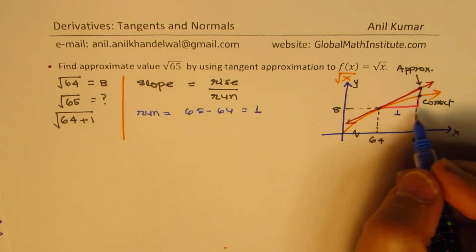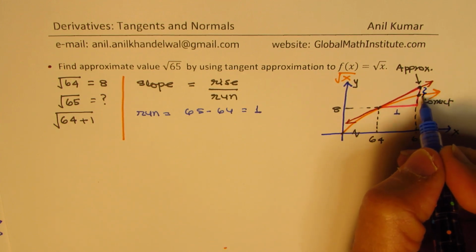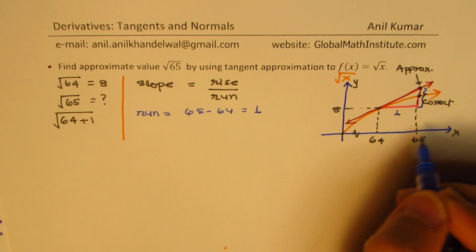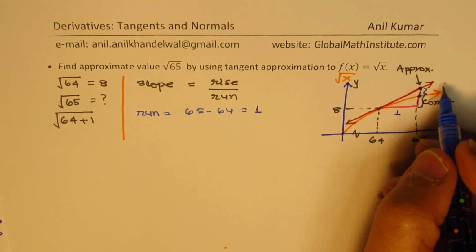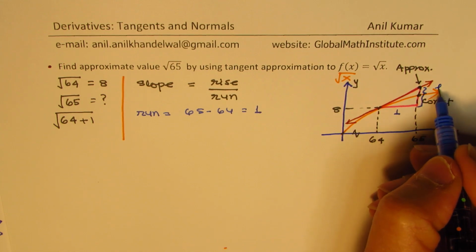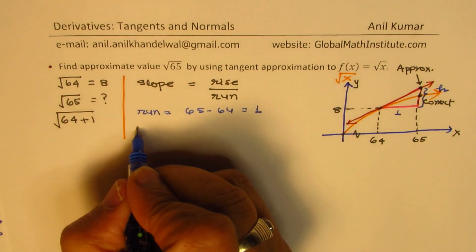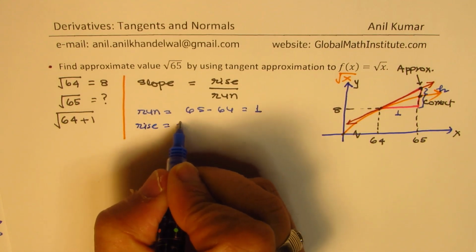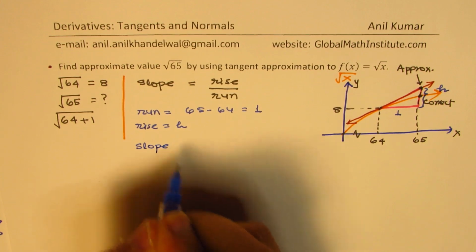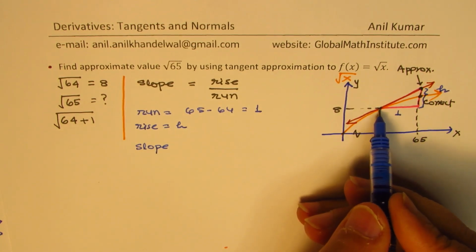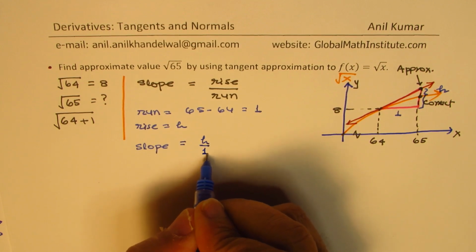And what we really want to find is the rise. What we want to find is the rise, correct? So let's say the rise is h. In that case, the slope at this point is equal to h over 1.